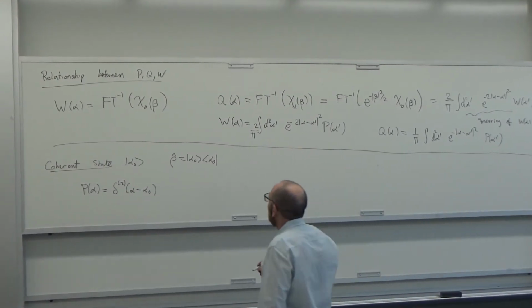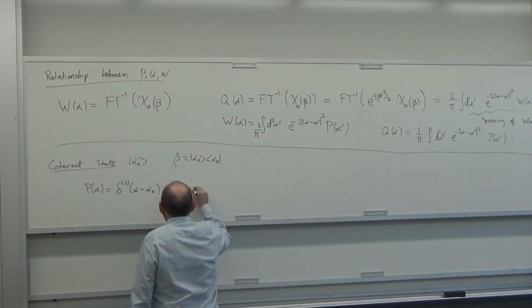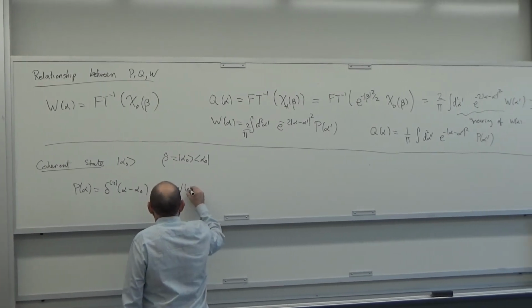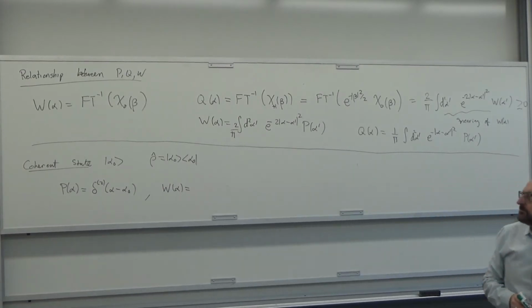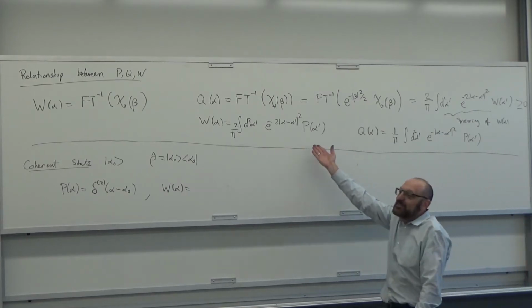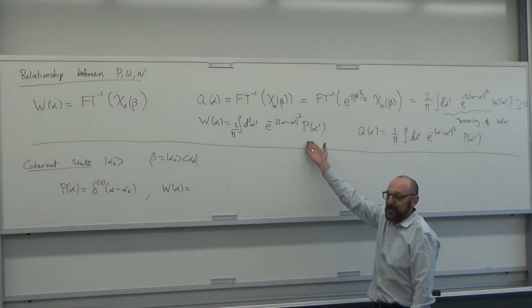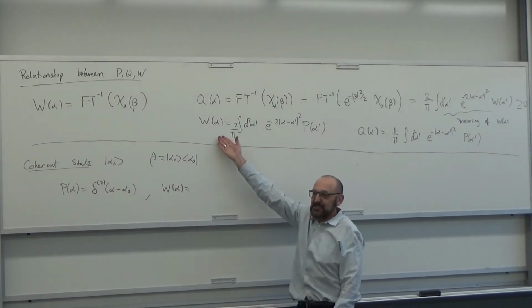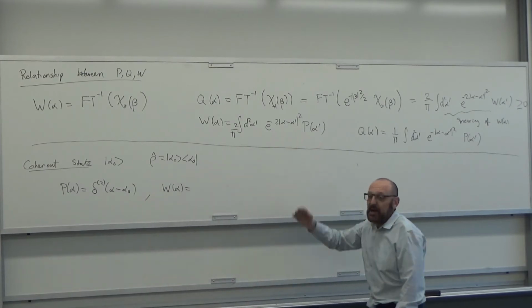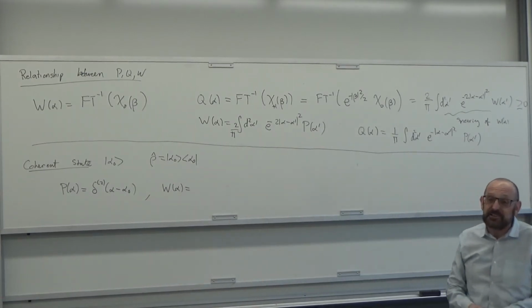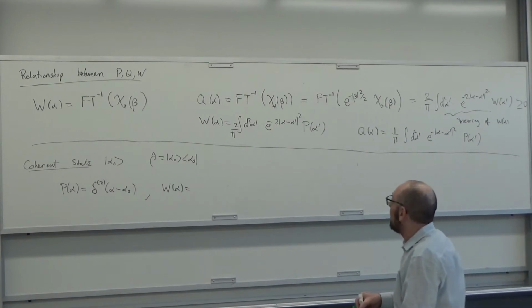What is the Wigner function? Gaussian? So how would you calculate that? Convolution. This is a quick and dirty way, because we know the relationship here: if we have the P function, then we can quickly calculate the Wigner function.